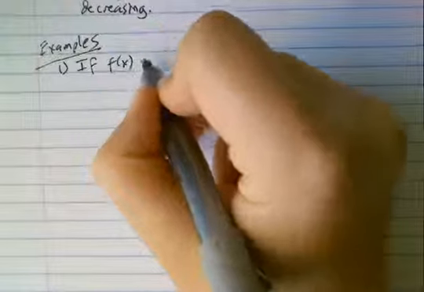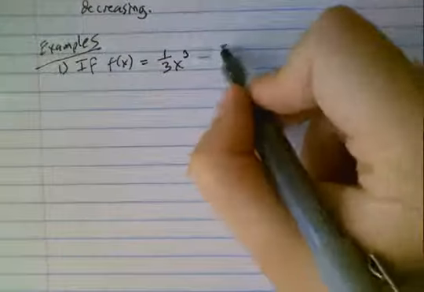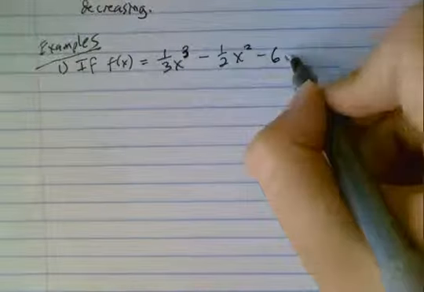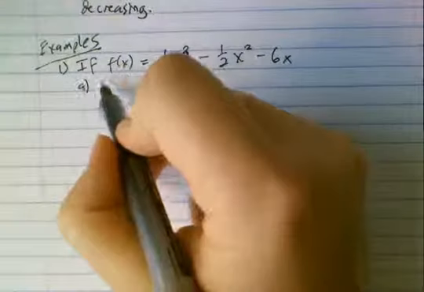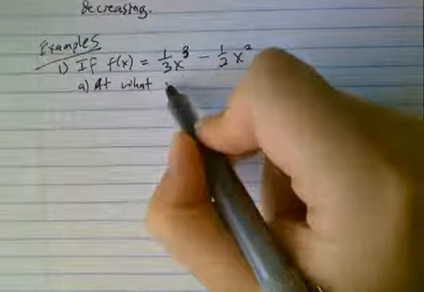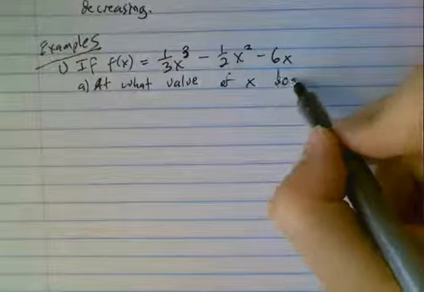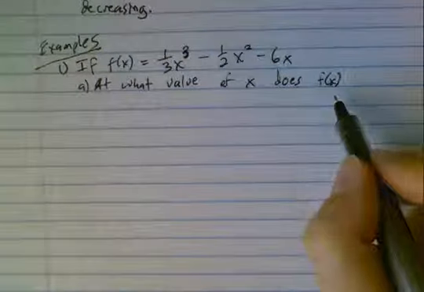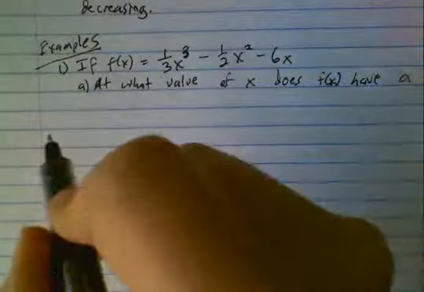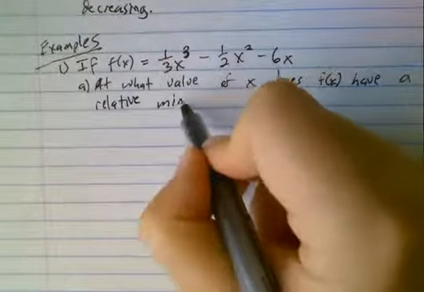If f of x equals 1/3 x cubed minus 1/2 x squared minus 6x, for starters, at what value of x does f of x, notice, f of x, have a relative minimum?